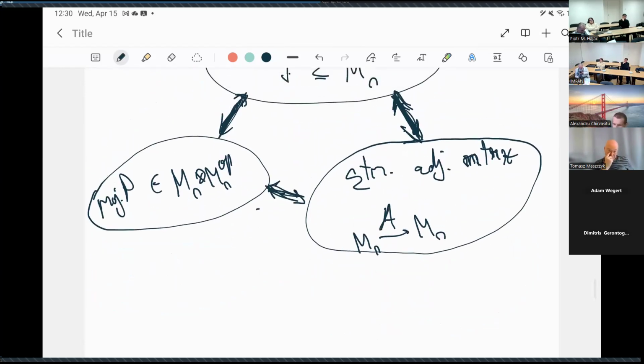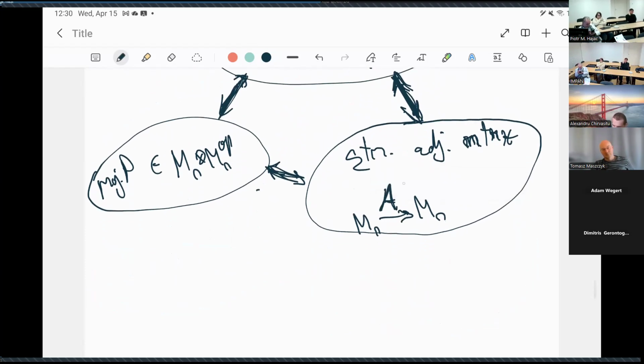You see, A is an operator on Mn, so it lives in End of Mn. So A belongs to End of Mn in particular, because just look at it. It's a map from Mn to Mn. We also have an identification of Mn tensor Mn up with End Mn.